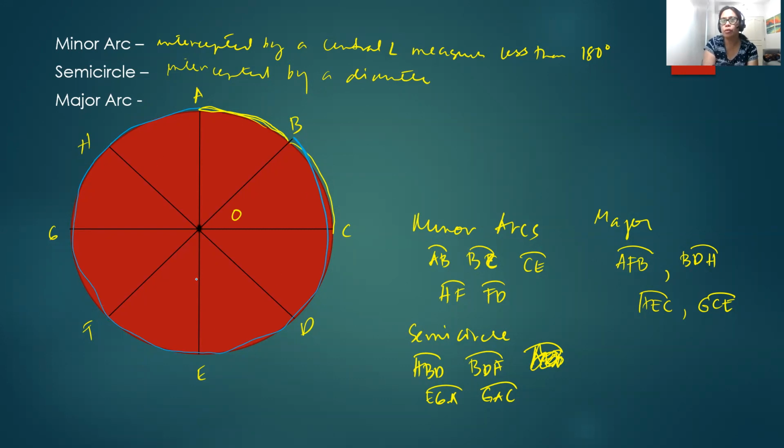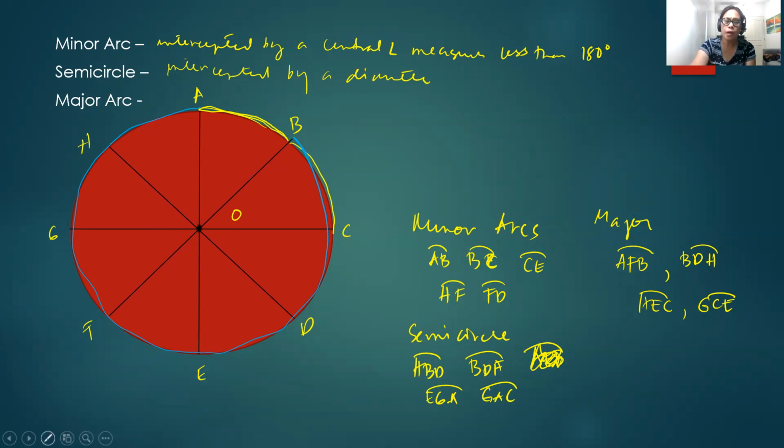The reason we use three letters for a major arc as well as a semicircle, while we only use two letters for minor arcs, is that if we just use arc AB, we do not know whether we are referring to this arc or this arc, the minor arc AB. So to differentiate the two, we add one more point.